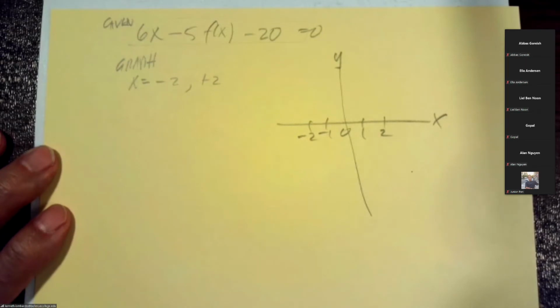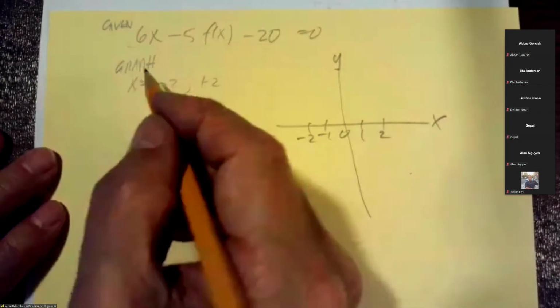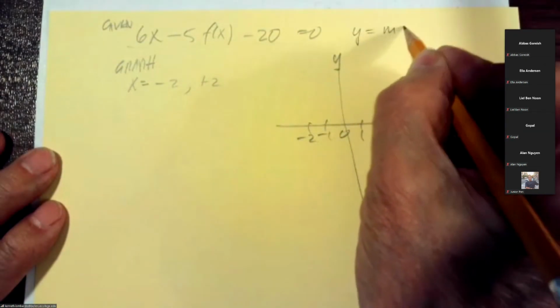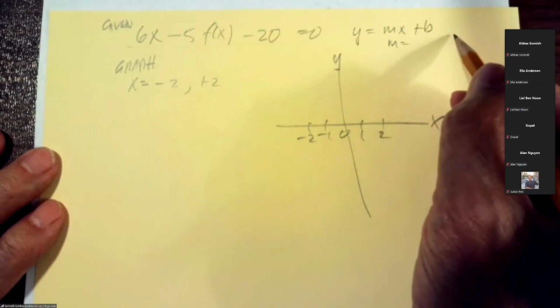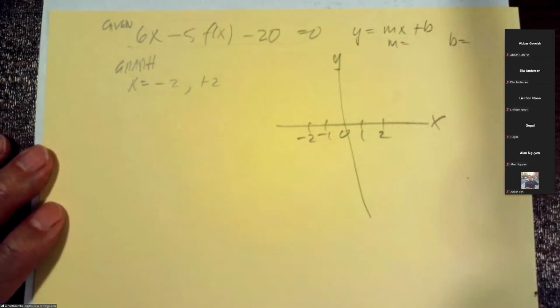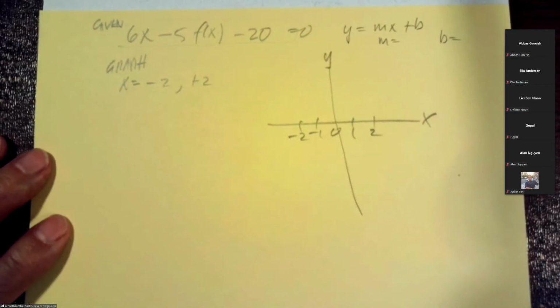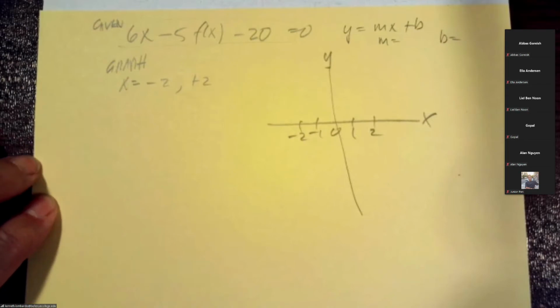Anybody know what that looks like? Is it a line? If it looks like a line, then it must look like y equals mx plus b. So if that's true, we have to find a value for m and a value for b, don't we? What do we think? New volunteer?